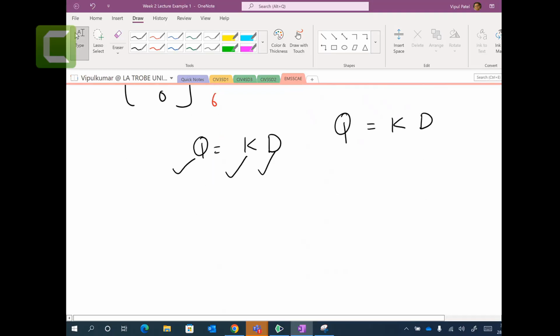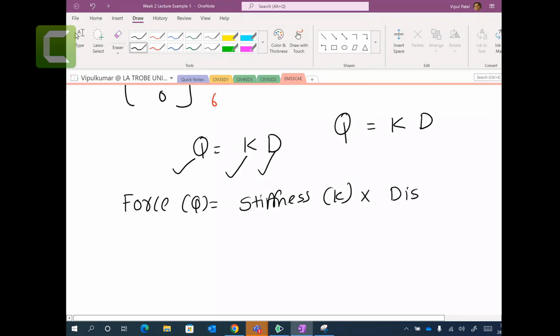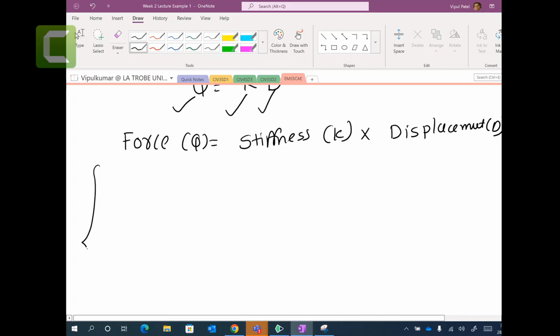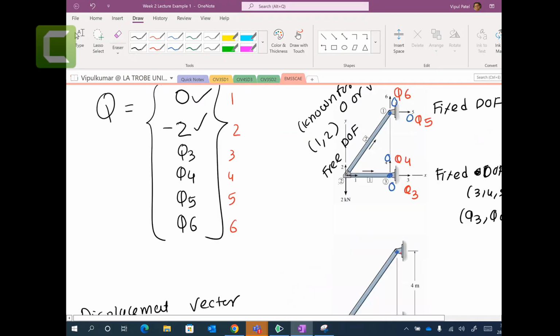Once you know these, we can use this relationship, which is force Q is equal to stiffness K times displacement D. Now we can substitute the values.